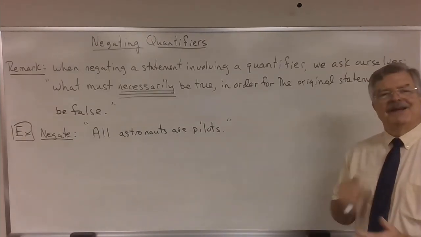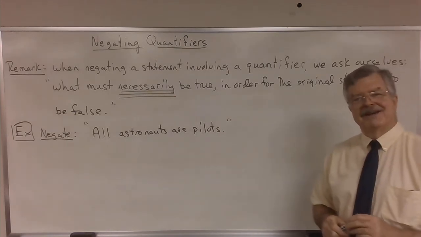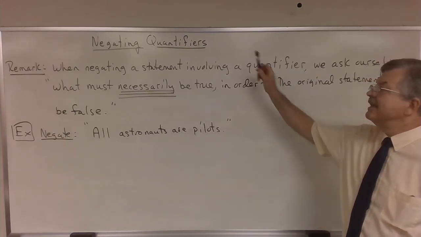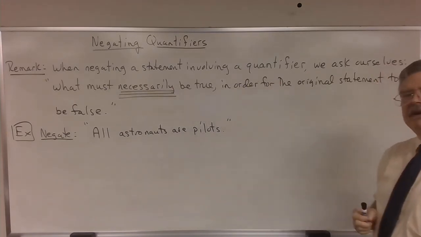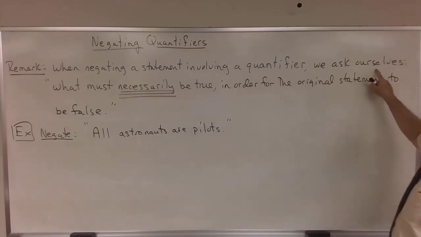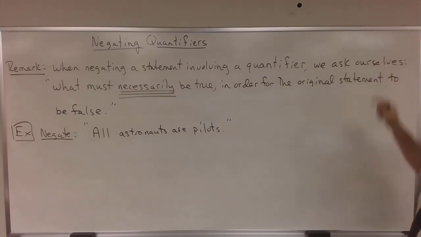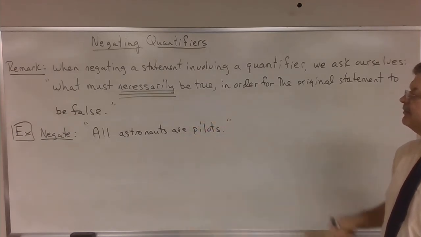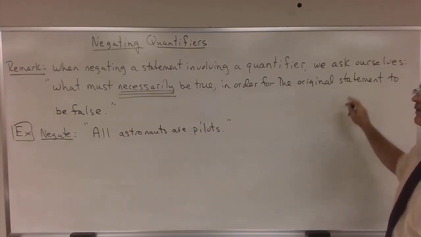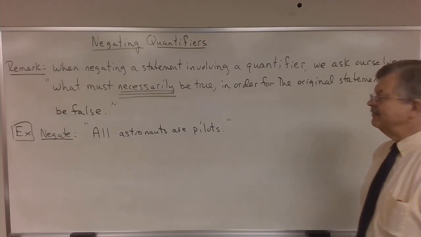Okay, negating quantifiers. This is going to get good. When we negate a statement involving a quantifier, we ask ourselves this question: what must necessarily be true in order for the original statement to be false?